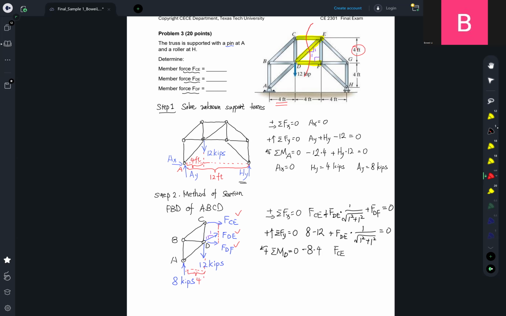If we go back to the structure, again it equals 4. Positive or negative here? Again, it is trying to make our structure rotate clockwise, so it will be negative. So now we have the 3 equations. We can go ahead and solve that.